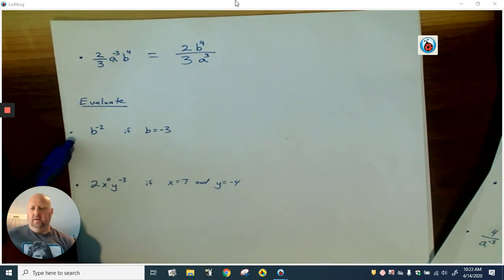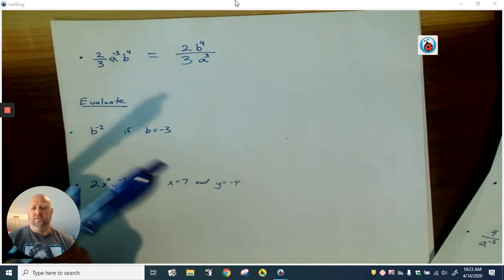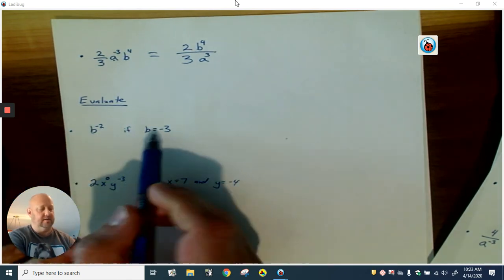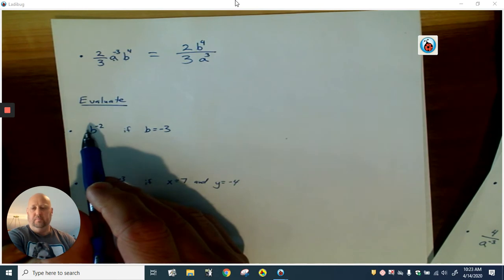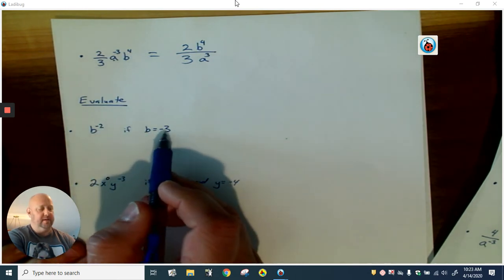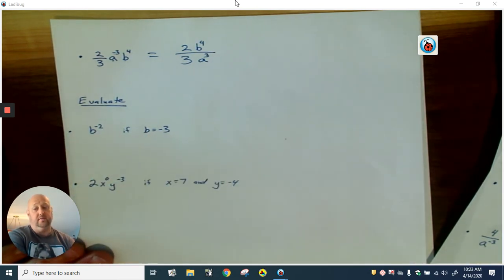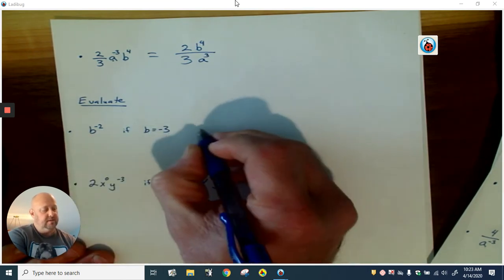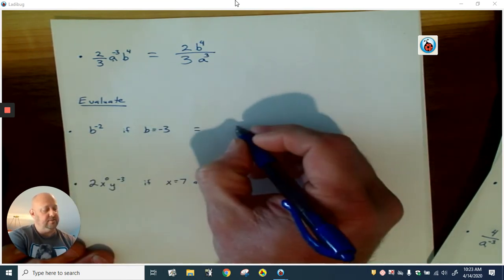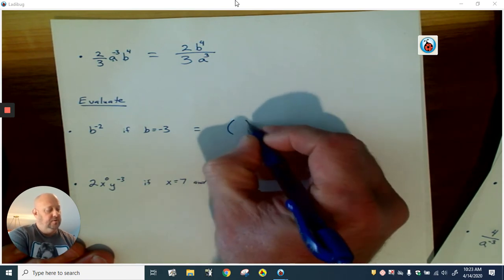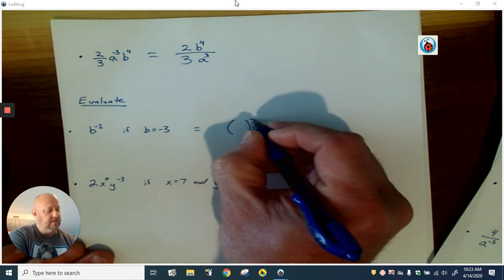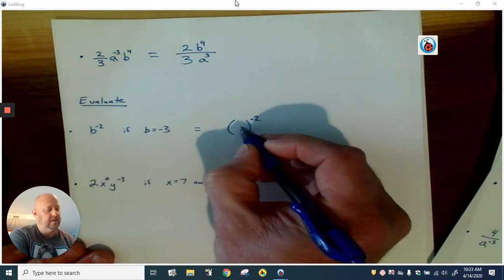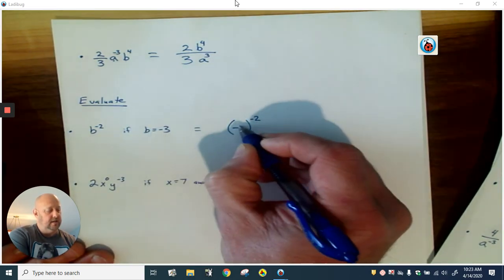And then you might run into some where you have to do some substitution before you evaluate. Okay, so we have evaluate b to the -2nd power if b is -3. The most important thing to remember here is you're putting that -3 in for b. So this is one that you would have to use parentheses because the b is becoming a -3.